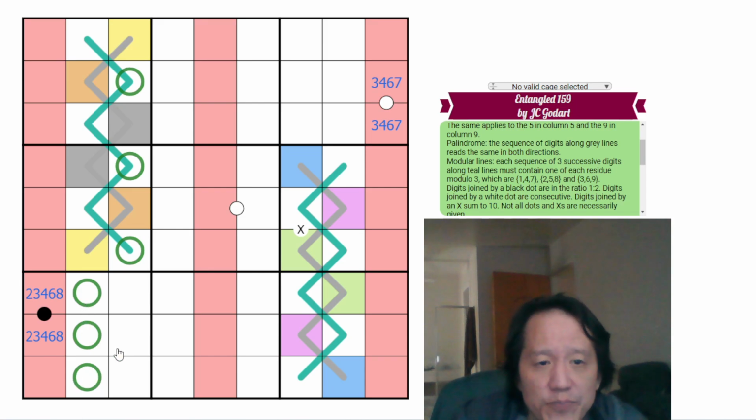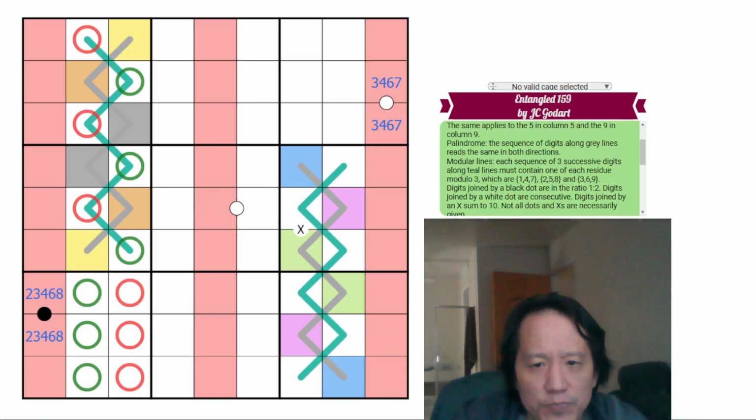Just here, right? In addition, that means these 3 have to be here in this column. And we have similar logic here, right? So we have, oops, not that one. These 3 have to be here.